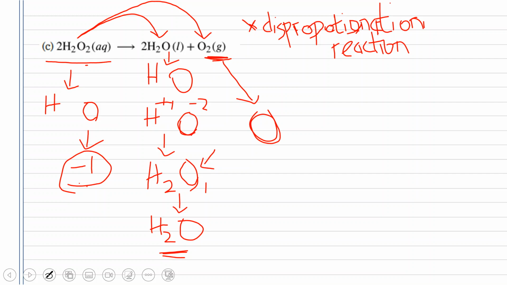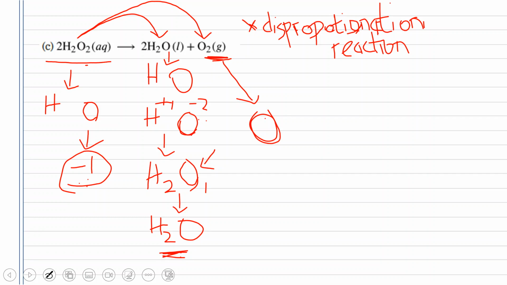Oxygen in its elemental state is a gas, 0. So the same oxygen is undergoing change where its oxidation number was -1 here. In this instance, it's -2. But that same oxygen again in this instance, it's oxidized to 0.